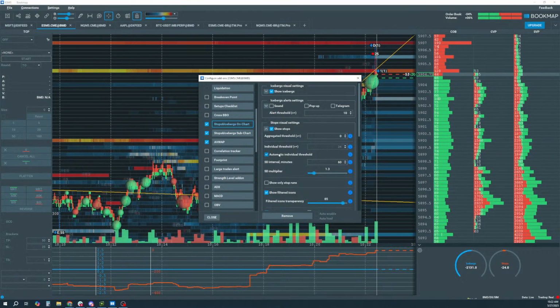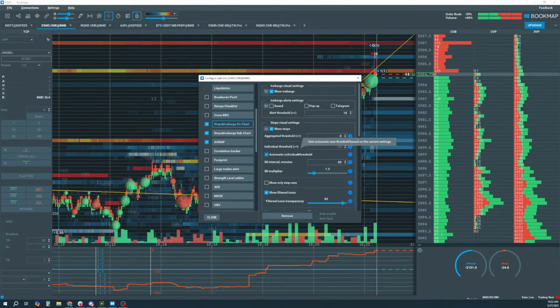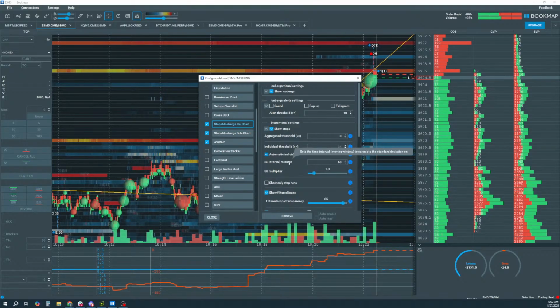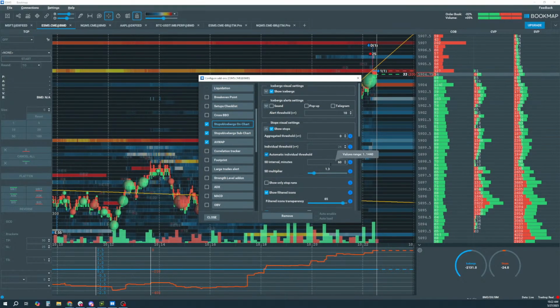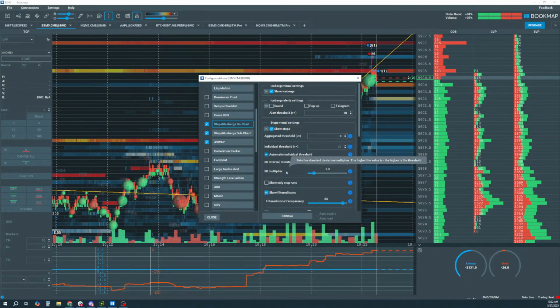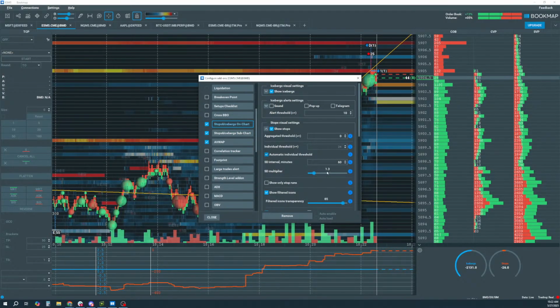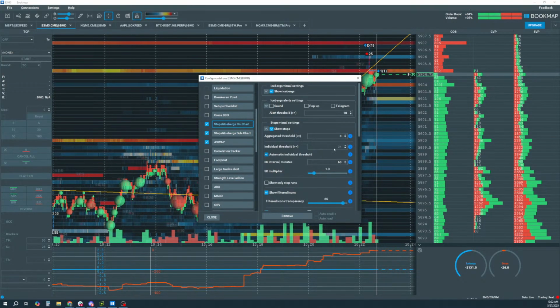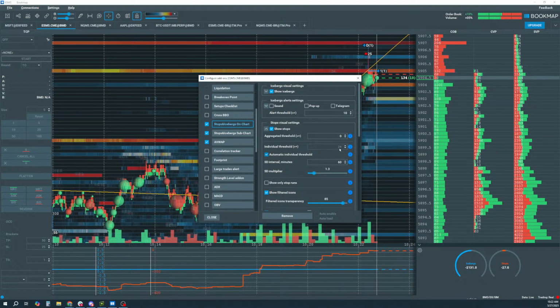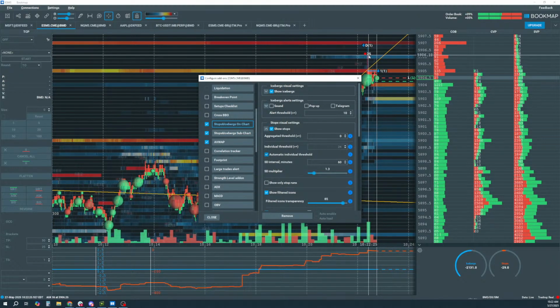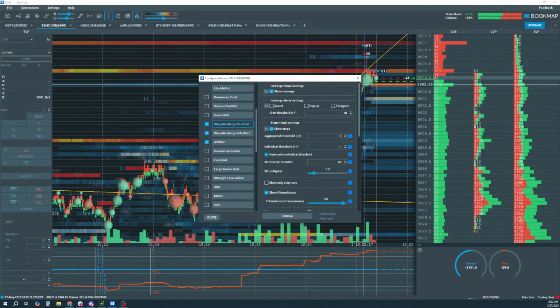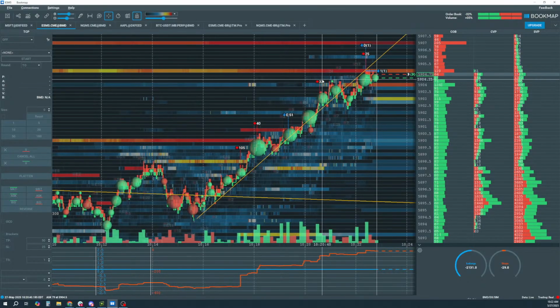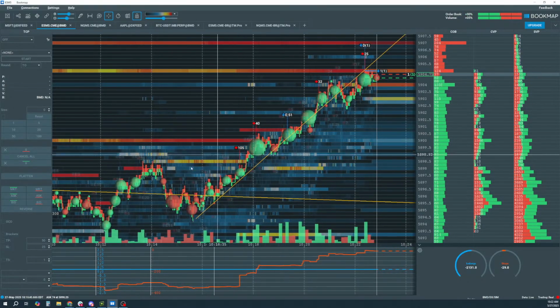Okay, so now I just check the box here for automatic individual threshold based off of standard deviation within the 60-minute period, and then the multiplier of standard deviation of 1.3. That gave me a threshold here of 24. So it's got to be 24 or greater. Here, this one was 25, so you can see it displayed here. Right, here's 32, here's 40, here's that 105 that we saw earlier.